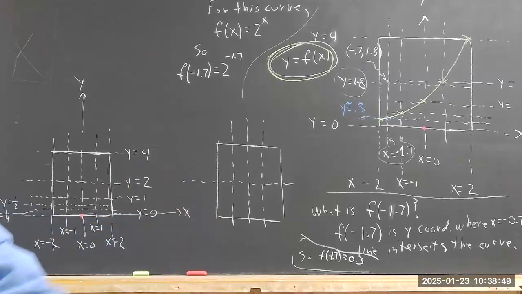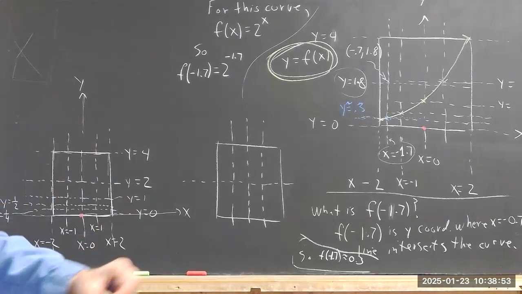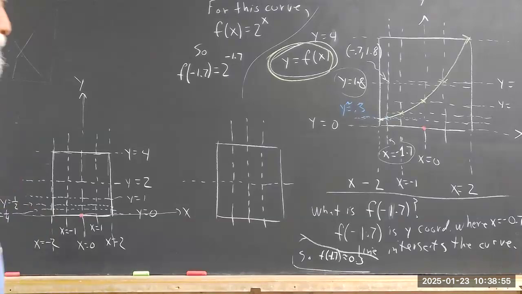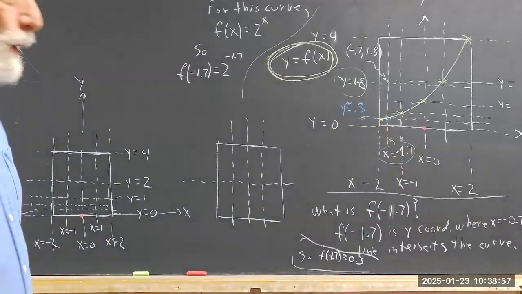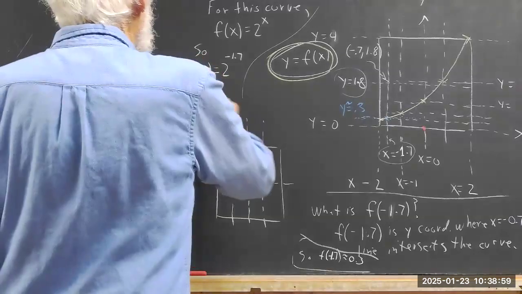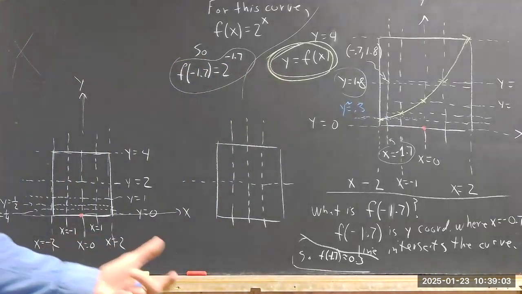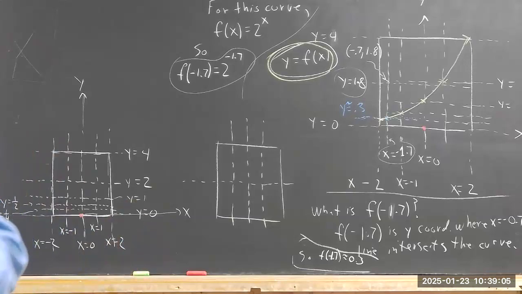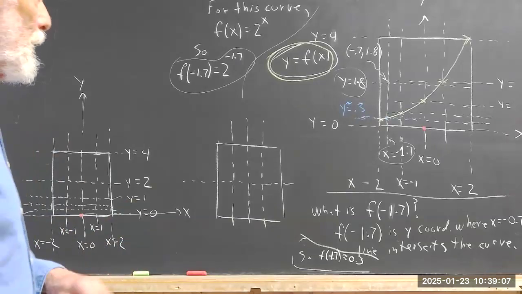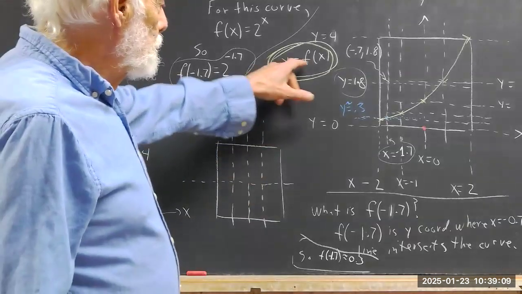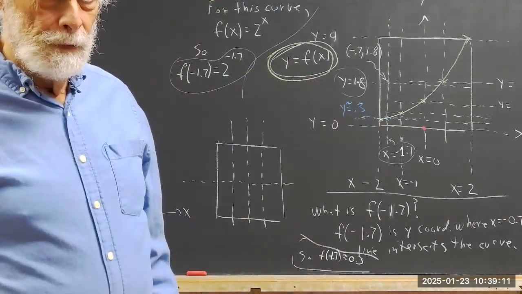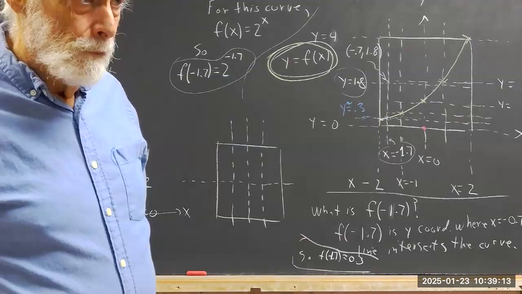It's not going to be exactly 0.3. It's not going to be exactly anything that you could even write down, because it's a decimal that goes on forever, no repeating, no pattern. That makes sense? That's the idea of function notation, and that's how the function notation relates to the graph.